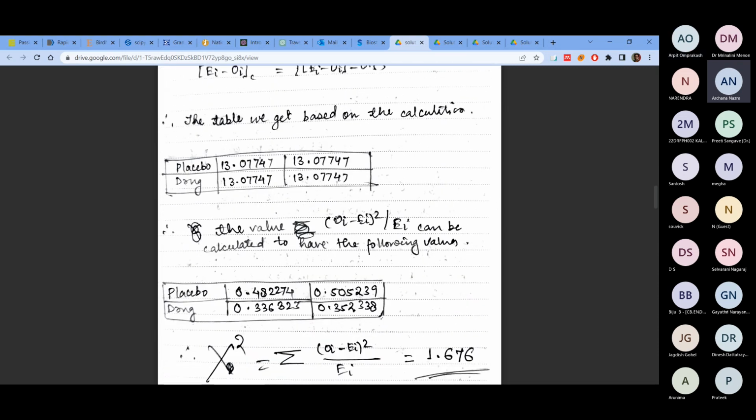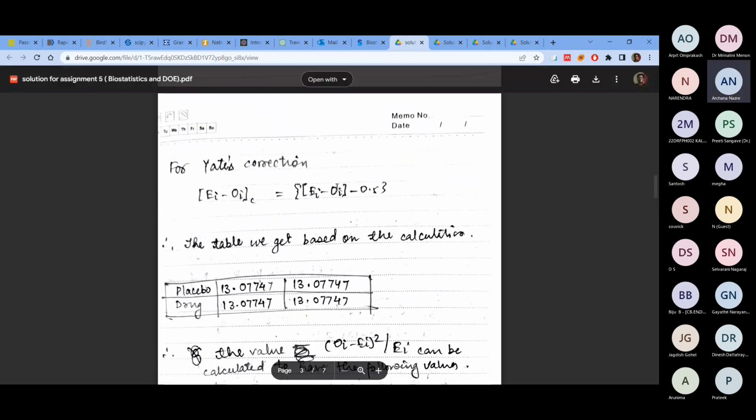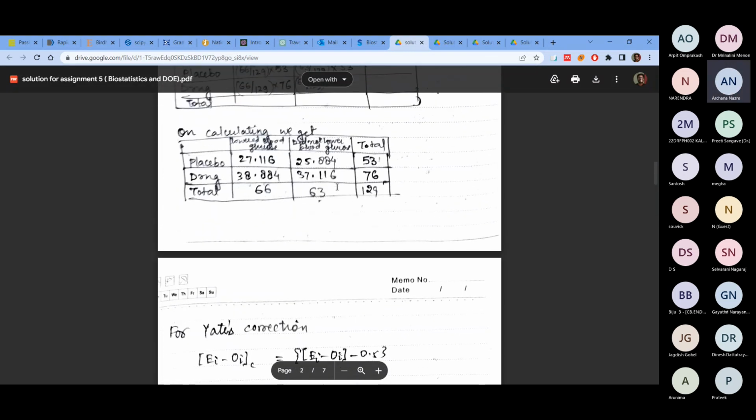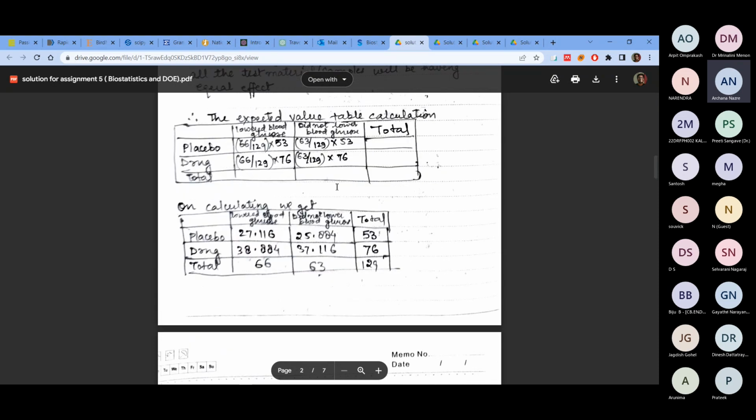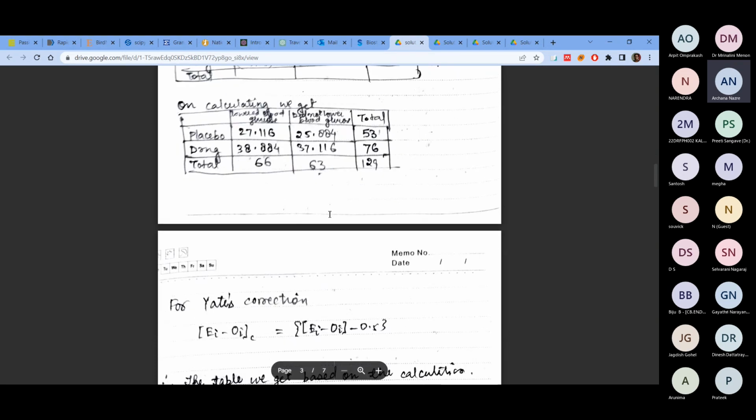So O minus E is 4.11. This is what I have done, after which I got this correct. This second one, on calculating, we get 27.11, 38.84 I've got.